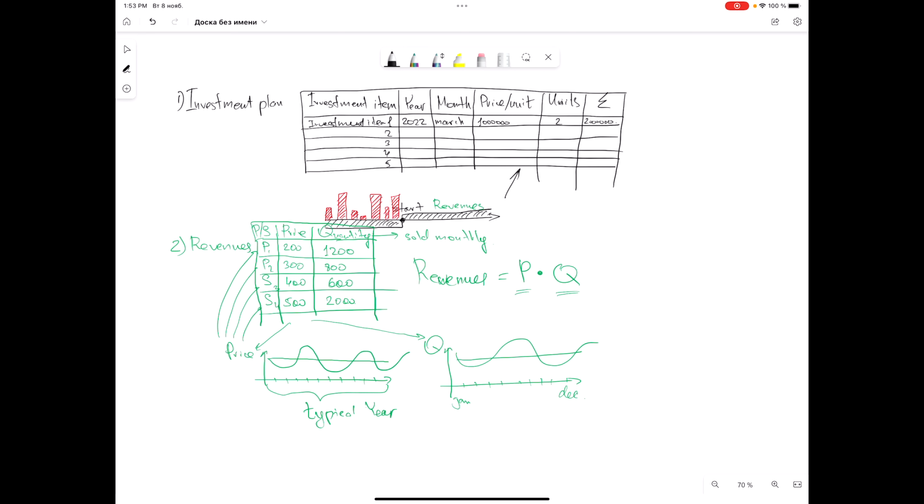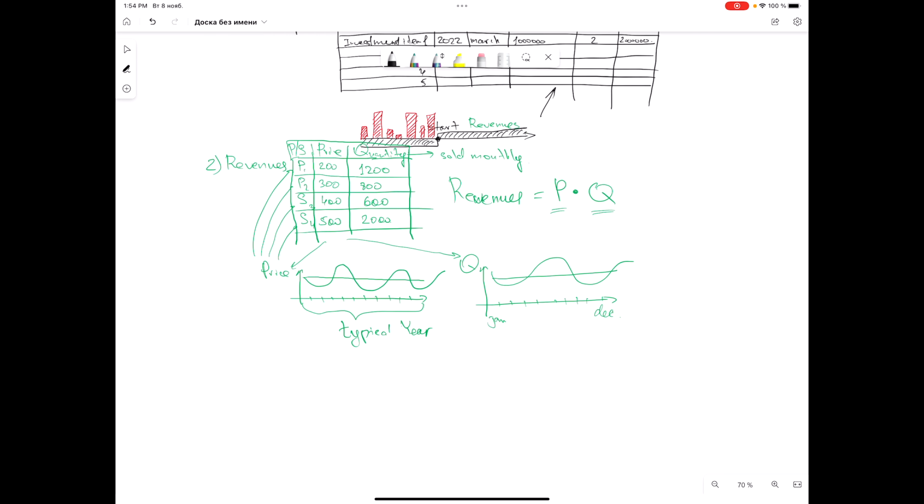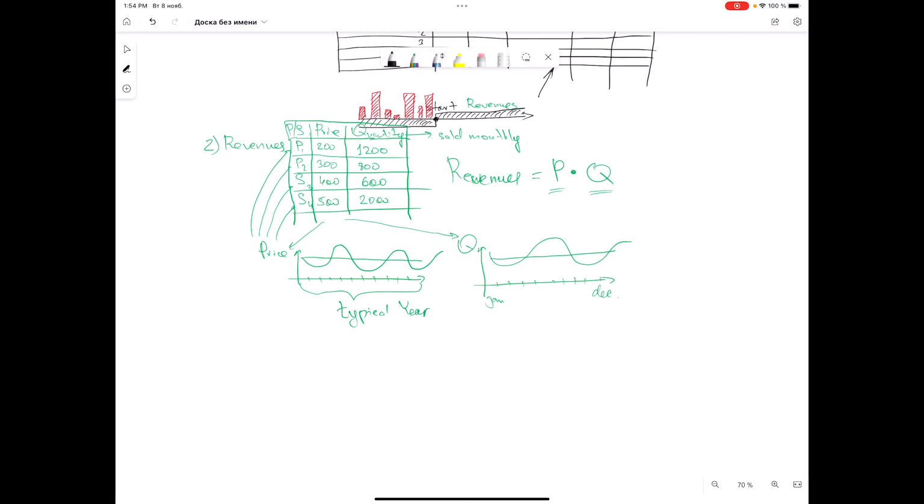And today we will be talking about a very important block of inputs, which is called direct costs or direct expenses. What are they? Direct expenses are the type of expenses which rise if your revenue rises and decrease if your revenue decreases.